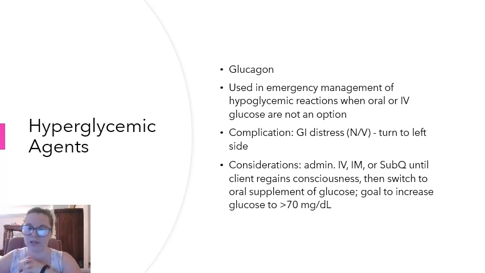So rolling them onto their left side is going to be one of your main concerns after administering glucagon IM. FYI, you can do this until the patient regains consciousness. Of course, once they gain consciousness, then switch back to that oral supplement. Our goal is to get their glucose above 70 on their fingers.